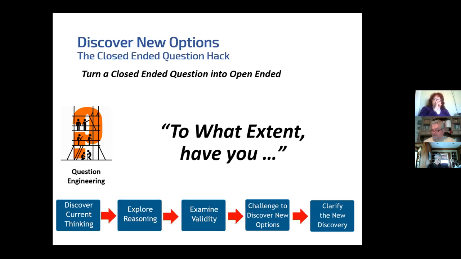I'm always to what extenting, maybe overusing it, but I share that for what it's worth, because if you want to ask more open-ended questions, and you tend to get caught asking closed-ended ones, this little prepositional phrase can help you break the rule, I'll say, or at least open up an otherwise closed-ended question.